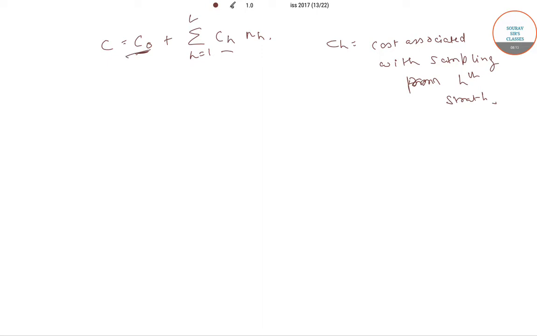C naught is a constant cost which is generated overall, and it does not depend upon which stratum.